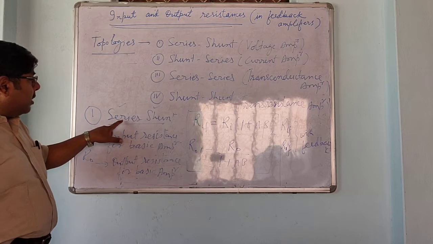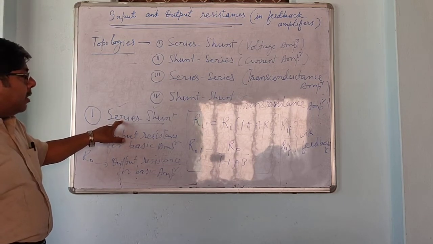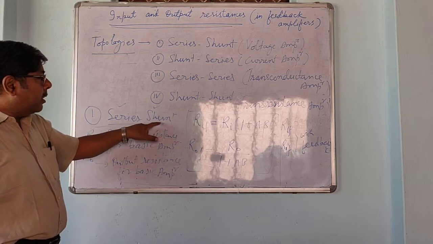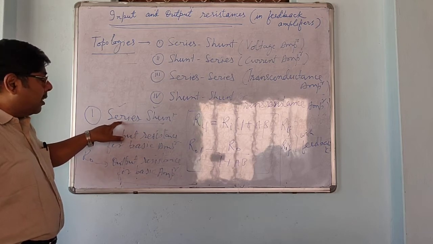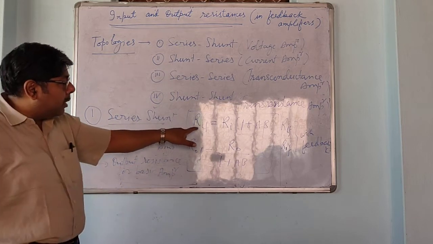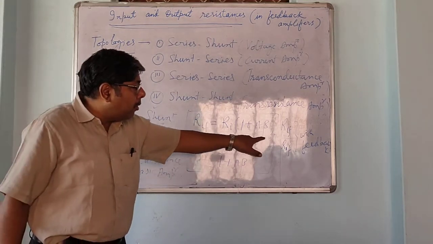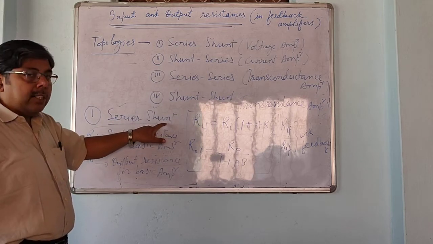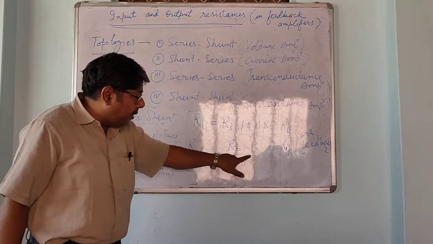If connection is in series, then resistance is increased, and if connection is in shunt, then resistance is decreased. So at input, connection is in series, therefore input resistance is increased by this factor, which is called amount of feedback. And at the output, connection is shunt, therefore resistance is decreased by the same factor.